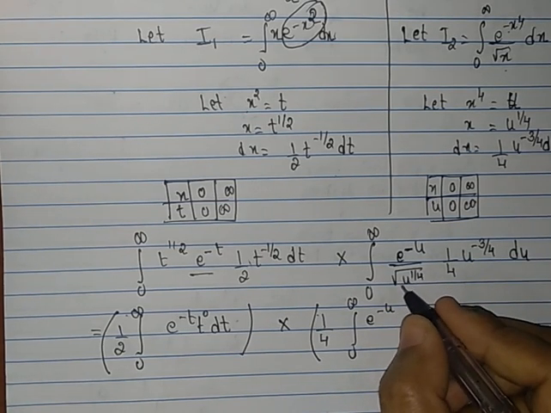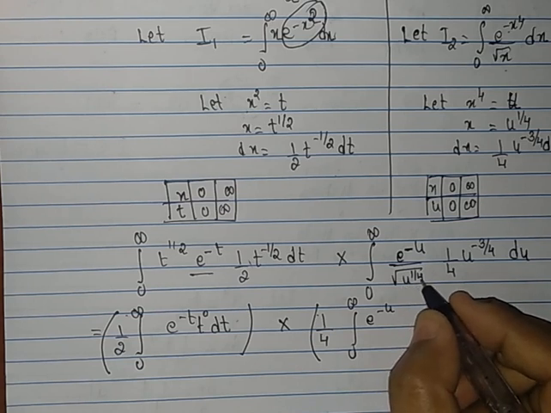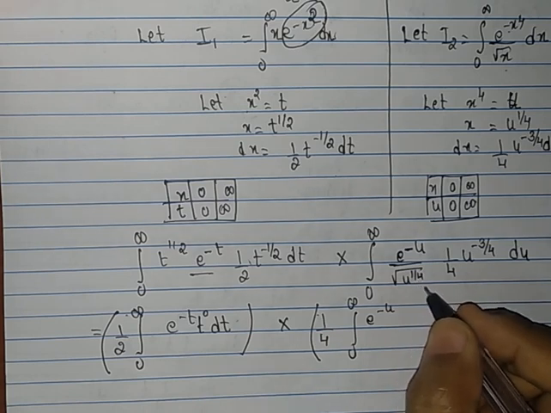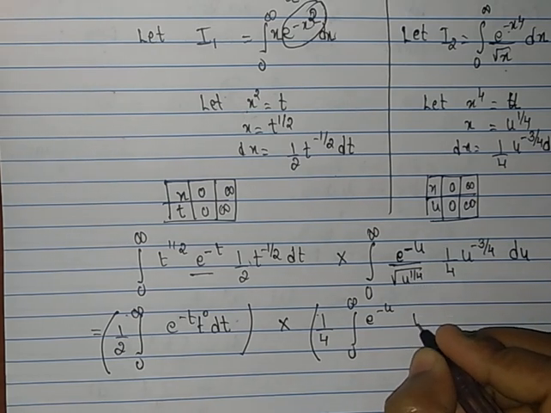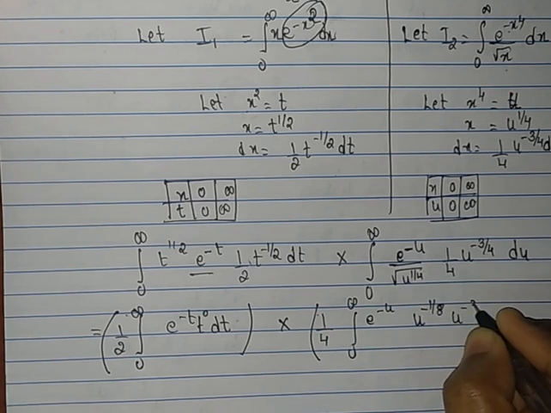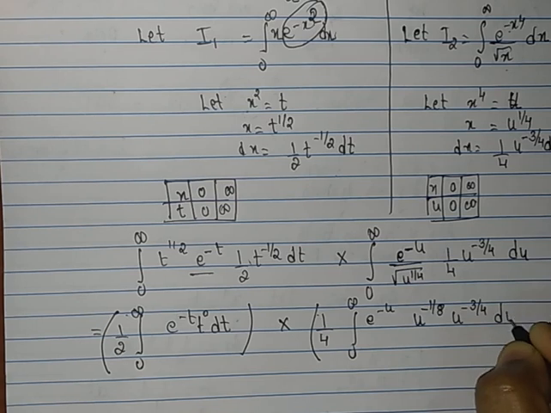This under root of u raised to 1 by 4 gives me 1 by 2. 1 by 2 into 1 by 4 gives me u raised to 1 by 8, which when it comes in the numerator becomes u raised to minus 1 by 8, times u raised to minus 3 by 4 into du.